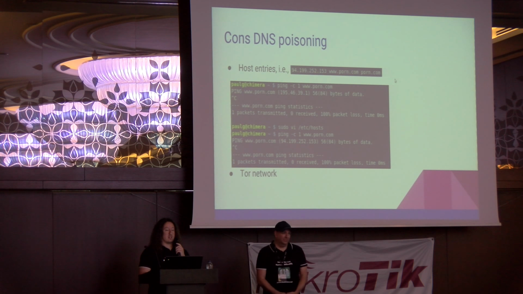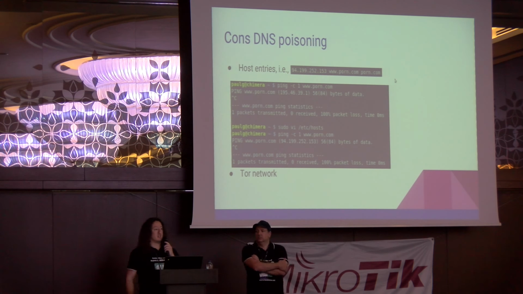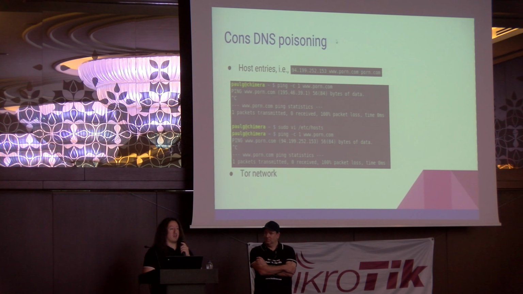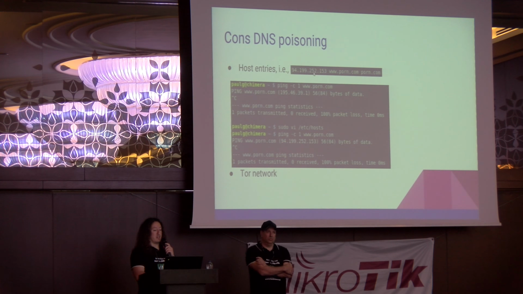And then of course there's another problem with DNS-based content filtering, and that's a big con for DNS-based content filtering: you can add a host entry. Now on Linux this is very easy. You edit the host file and you just add the correct IP for the site that you are trying to go to.